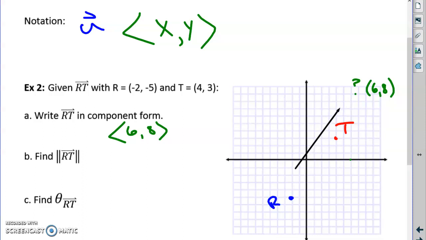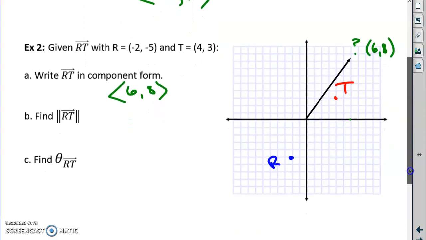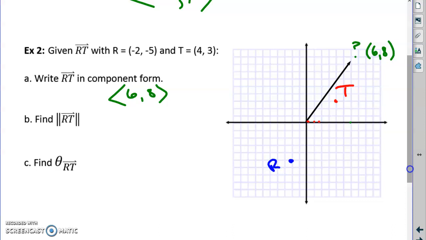And notice, this vector doesn't change. It's still the same magnitude and same direction no matter where we place it. It's going to be an easier convention to place it at the origin. Hence, it could get named by <6, 8>. And therefore, if we have it in component form, we can now find its magnitude because one leg is the x-coordinate and the other leg is the other coordinate.